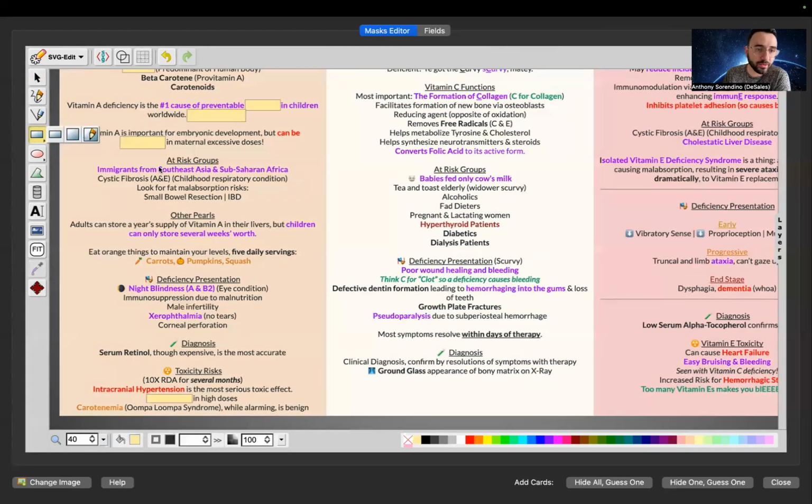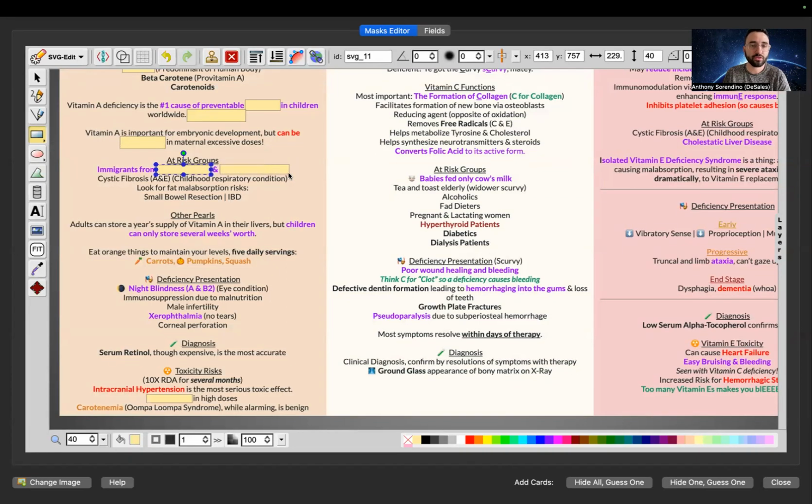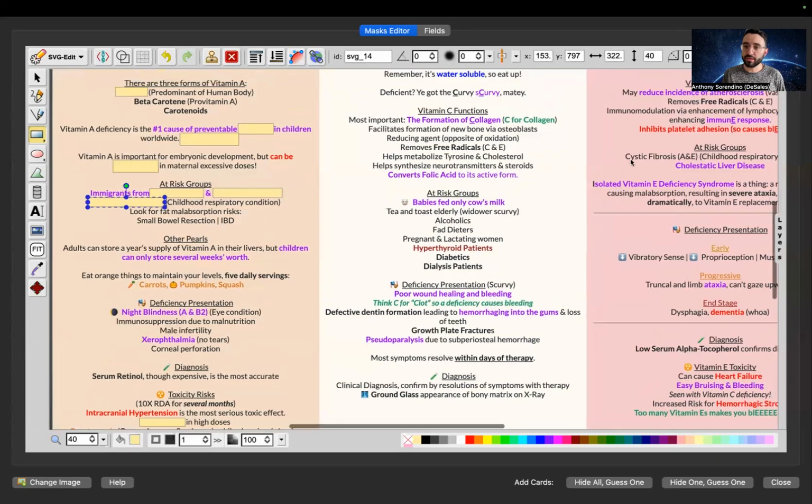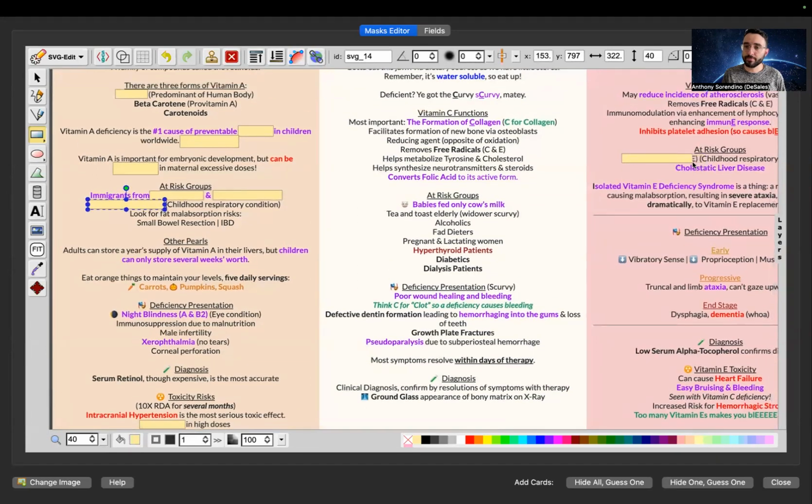I think knowing the two locations for this are important. We'll throw cystic fibrosis in there as well, and we'll link it to this. Yes.